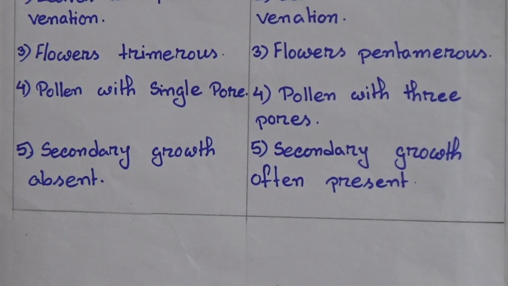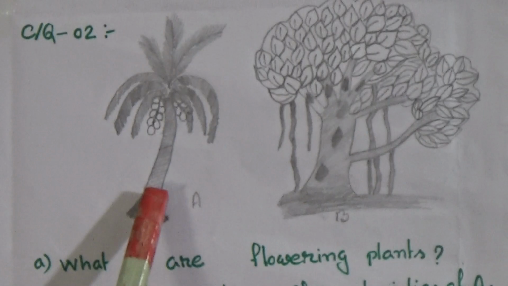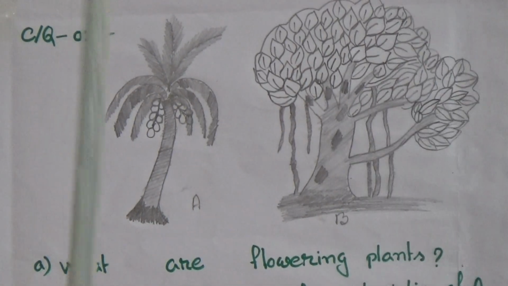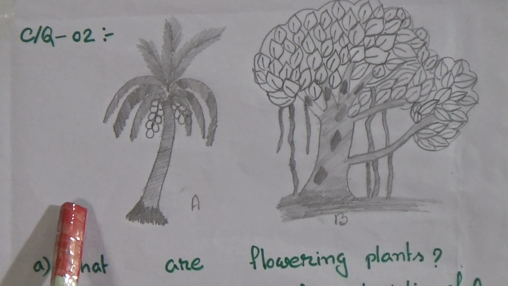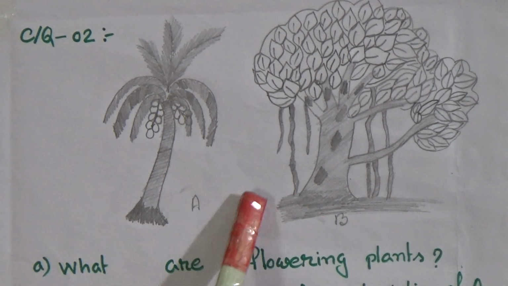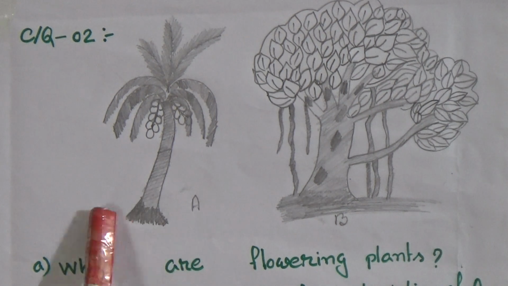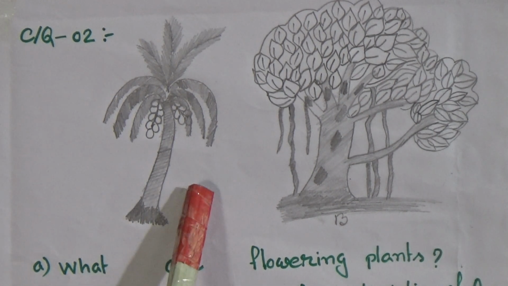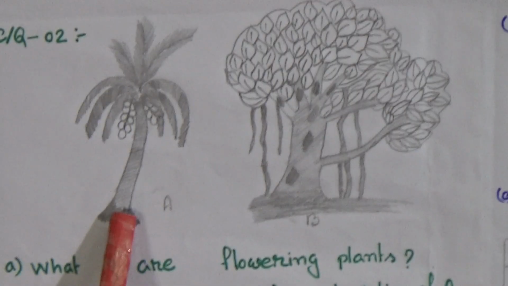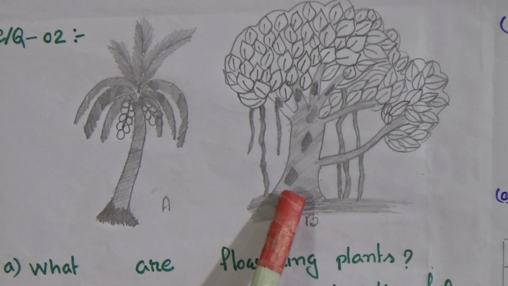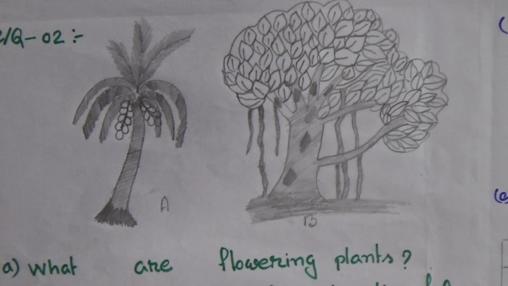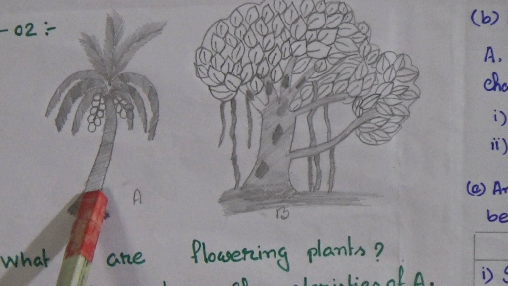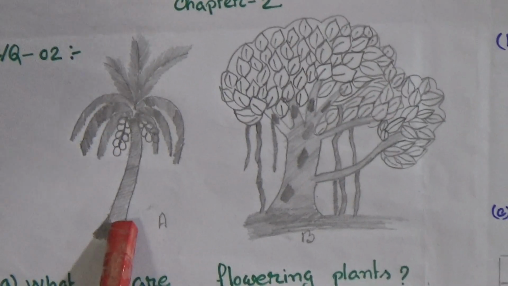Normally a tree grows upward, but when the tree grows in width, it is called secondary growth. In figure A secondary growth is absent, but in figure B secondary growth is present. You see here its stem is big and its stem is very thin.